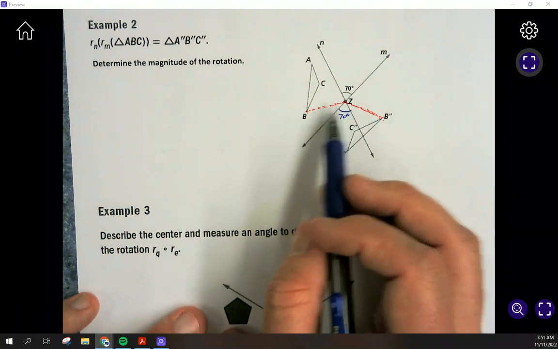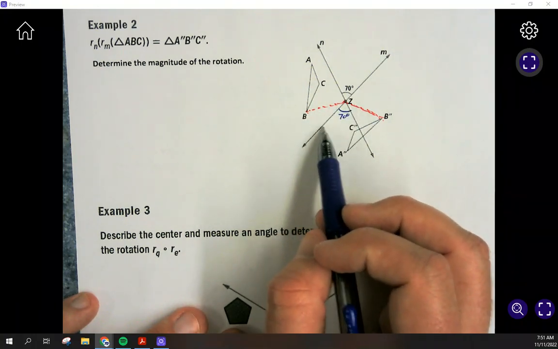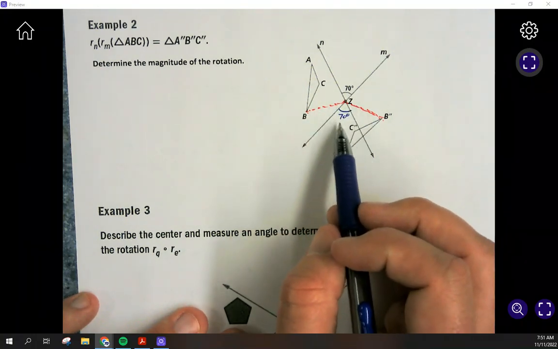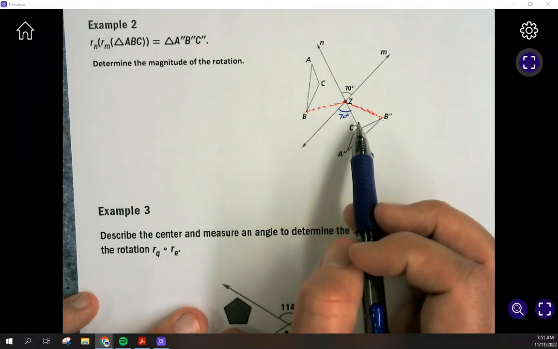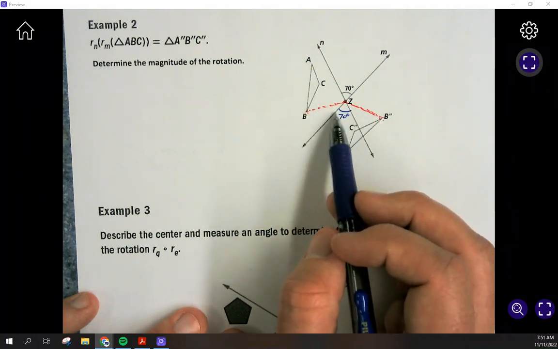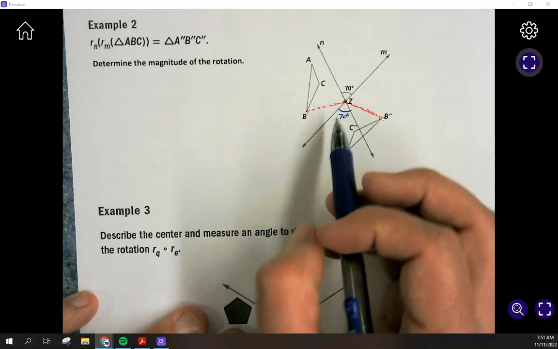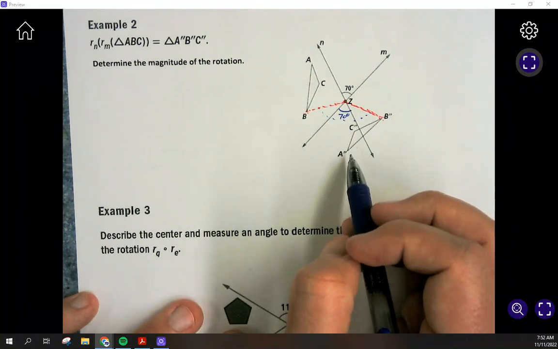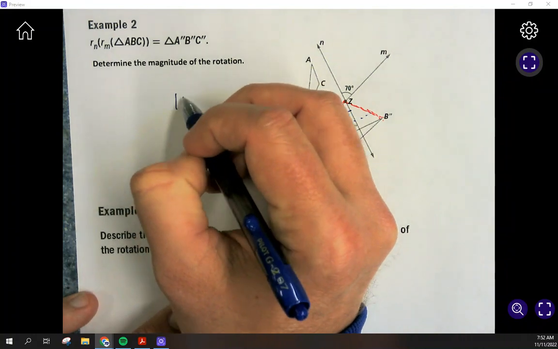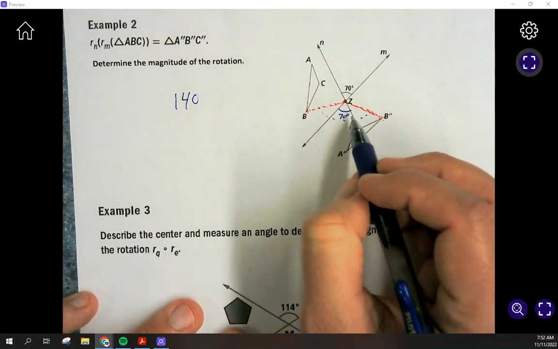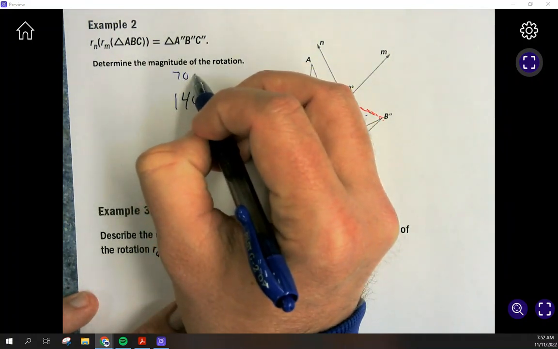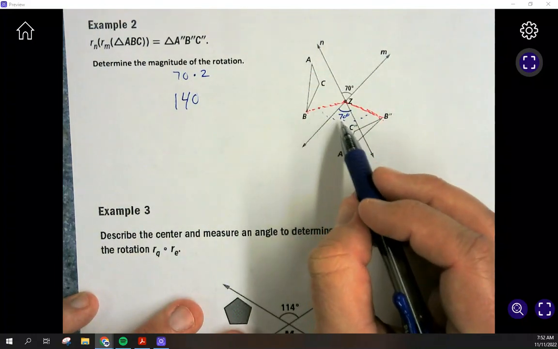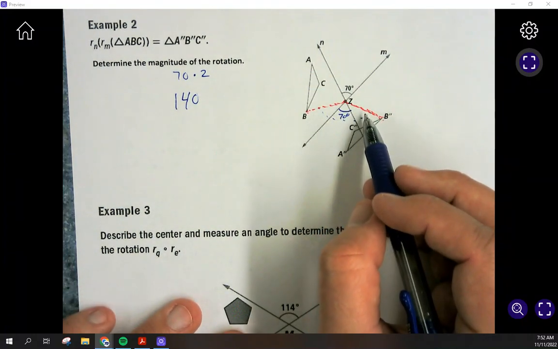And if you go back to our theorem, the angle measurement between those two intersecting lines is 70 degrees, so my full angle measurement out this way is going to be double that. So it's going to be 140 degrees, which is 70 times 2.